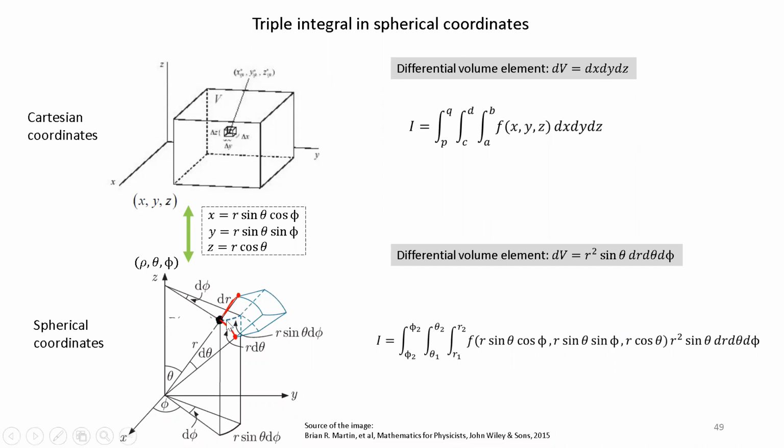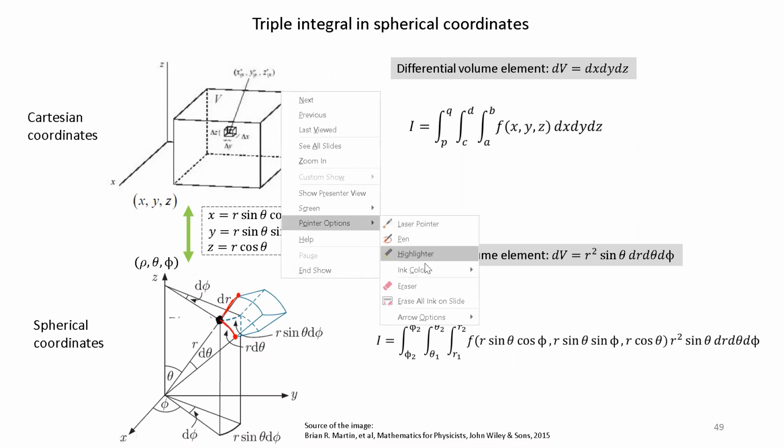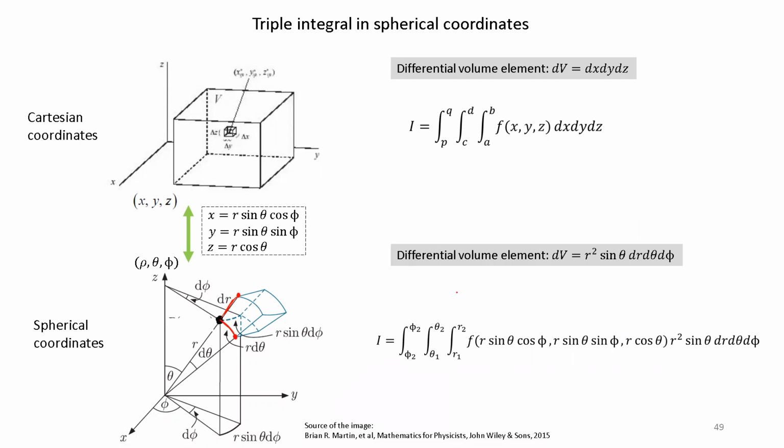So that's why you'll be walking along this line here. So again, this is a small circular arc.